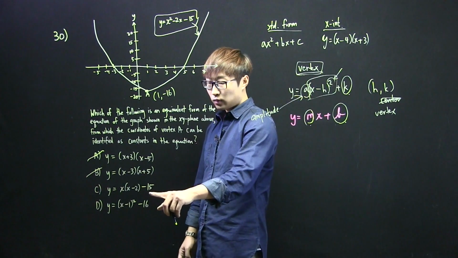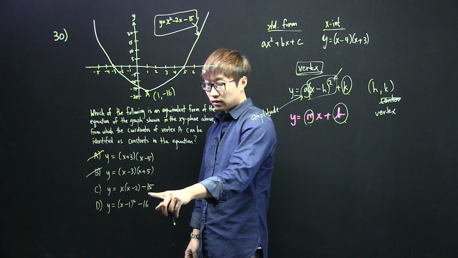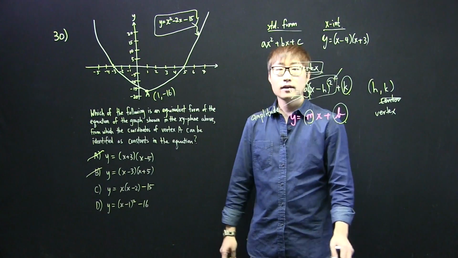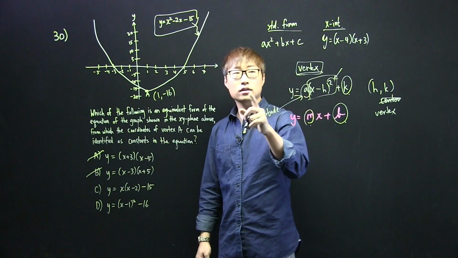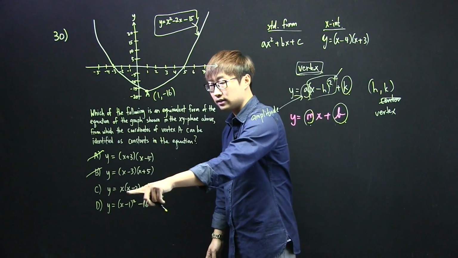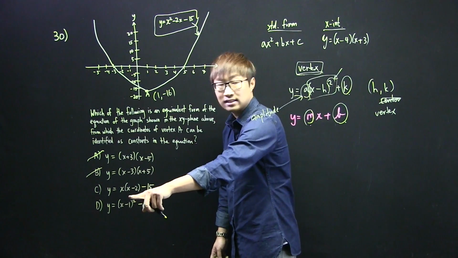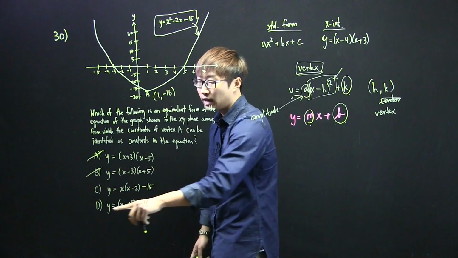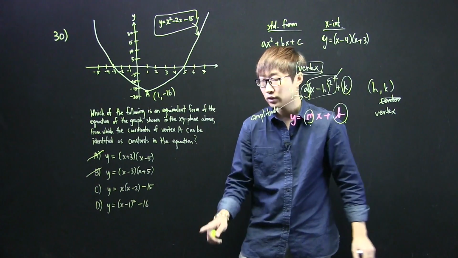except this one is minus 15. Oh, that's probably going to be minus 15 as well. We'll see in a second, right? But the vertex form has h and k in it, versus this guy is x times x minus 2. So this is not perfectly in the vertex form, which probably means my answer choice will be D, but let's just make sure, right?